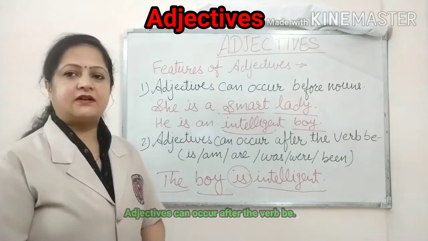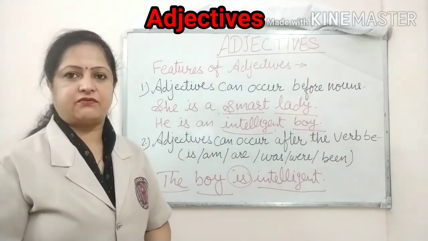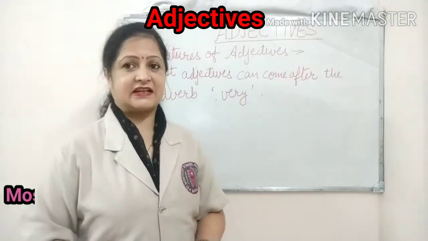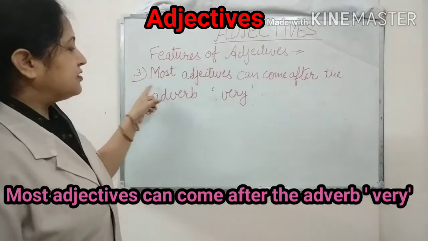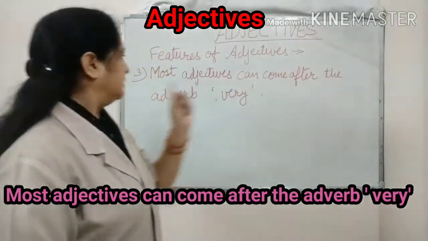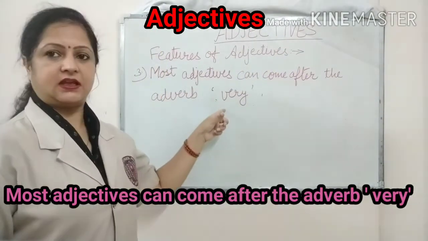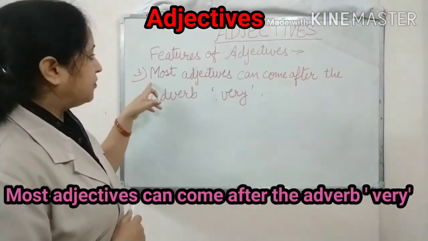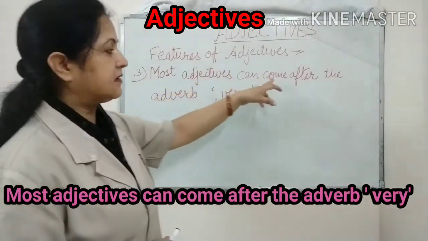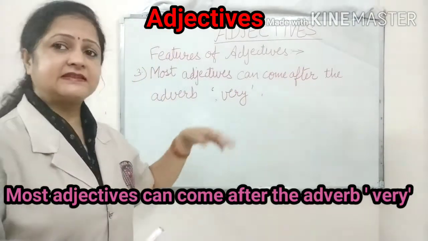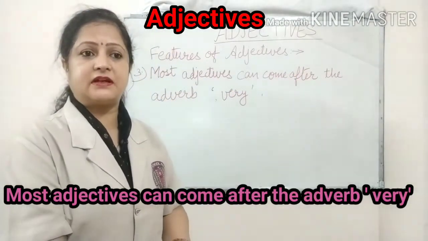Now the third feature of adjective. The third feature is that most adjectives can come after the adverb very. Let's take the same example again to understand it.